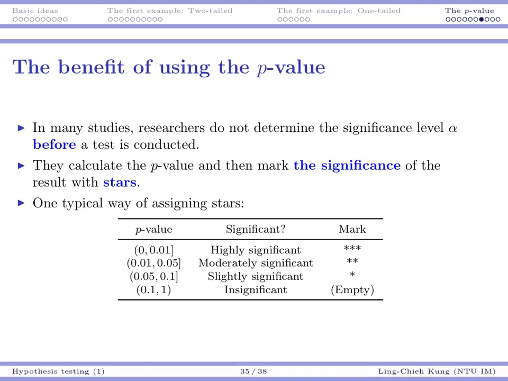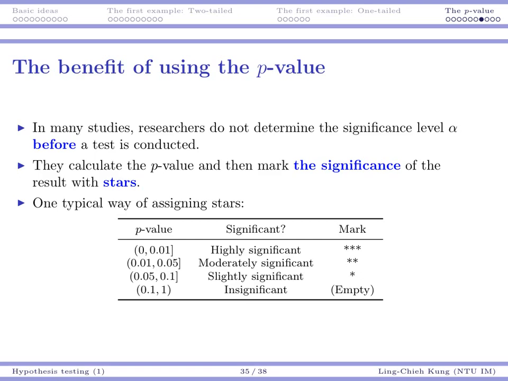Okay, one typical way of doing that is to use again 1%, 5%, and 10% as the cutoff points. If our p-value is so small, we say the deviation is so highly significant.